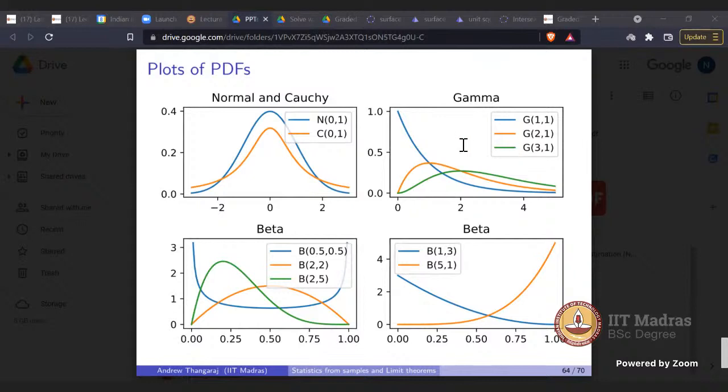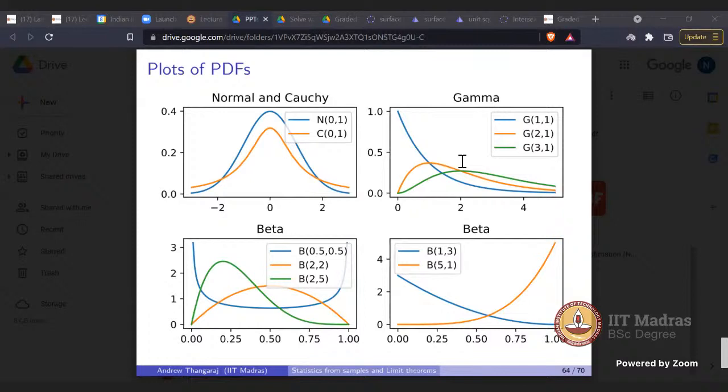From a histogram you can see the shape of the distribution.